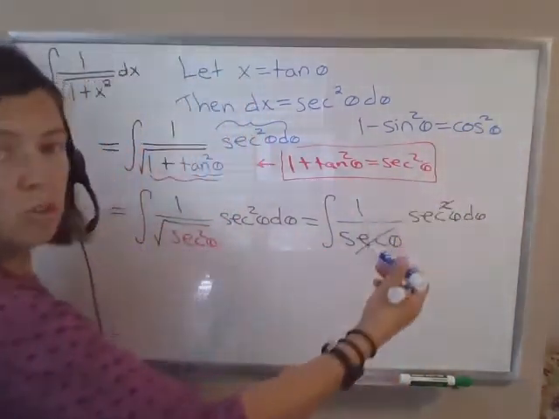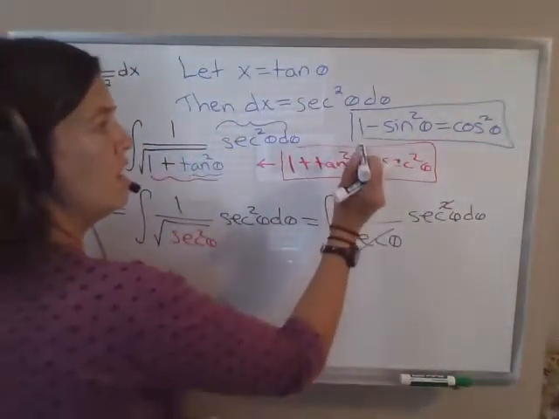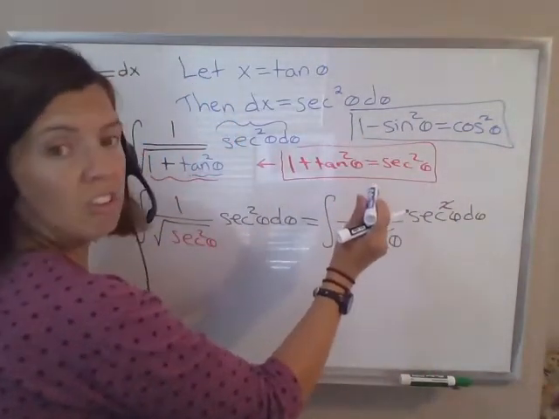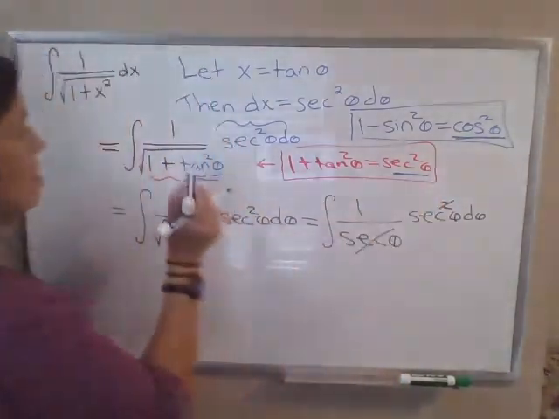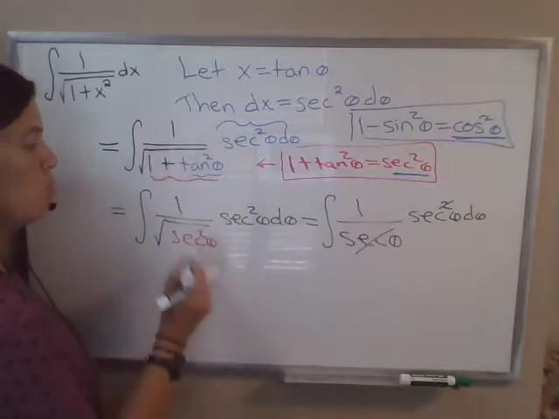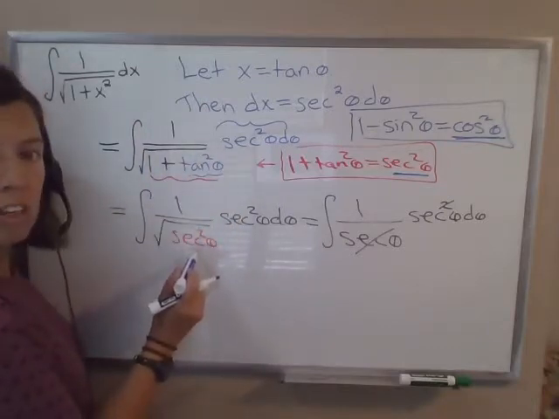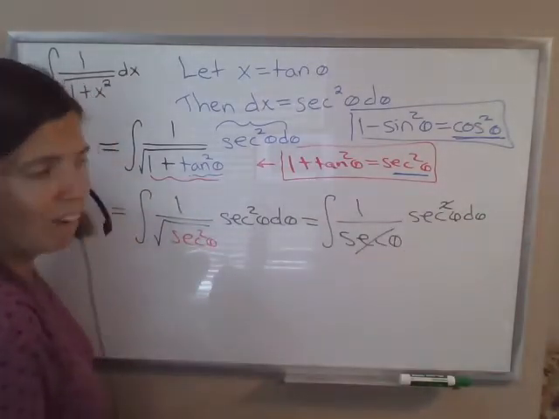And another one is secant squared theta minus 1 equals tangent squared. But what's common to these equations is you take a sum or difference and you turn it into a single perfect square. So in this case, when we replaced x with tangent theta, the 1 plus tangent squared now boiled down to a single perfect square, and then we could take the square root and then we just move on with our lives with integrating.